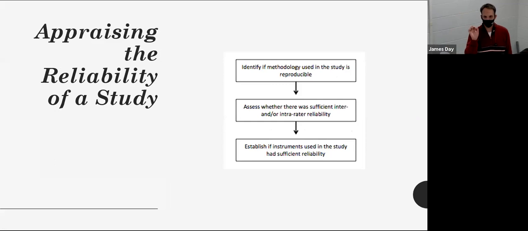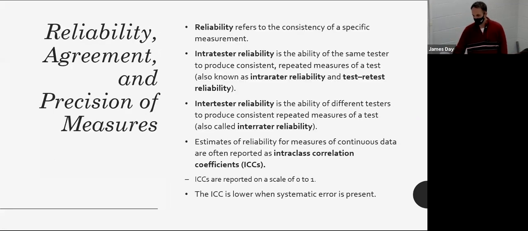Reliability is just purely reproducibility. Are the methods that they used reproducible, right? Are they specific enough in their ability to measure differences? And are they used in a way that is appropriate? So there's error, right?